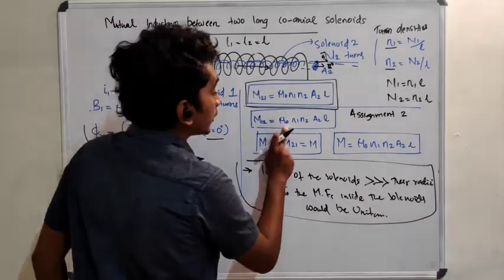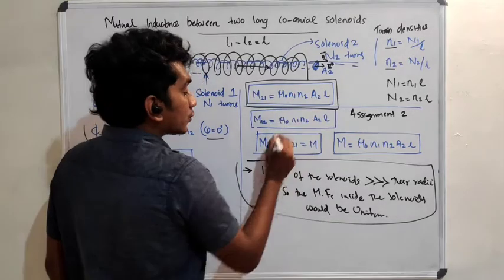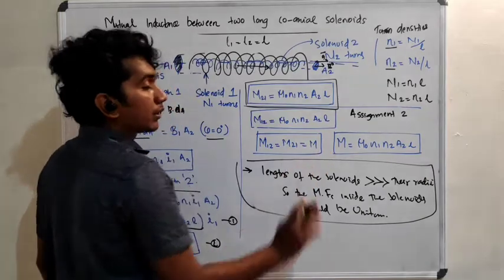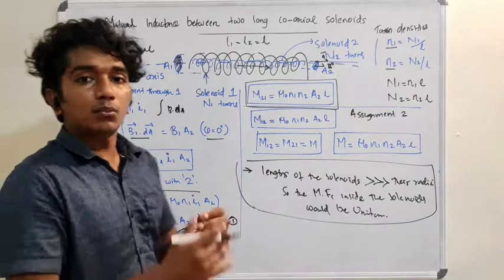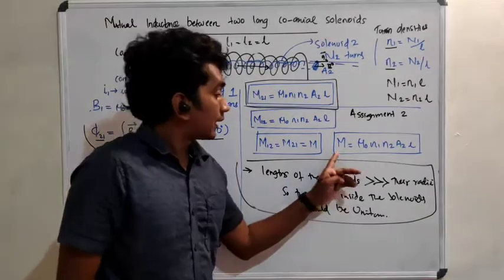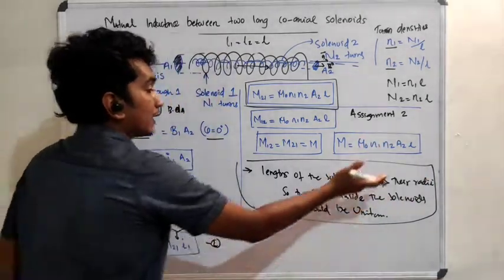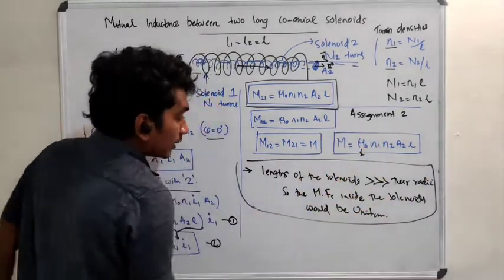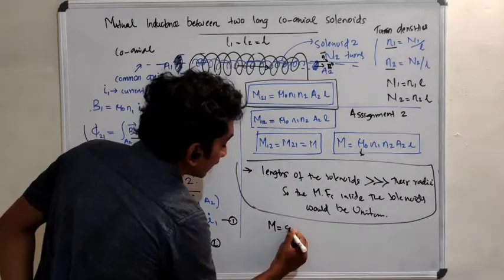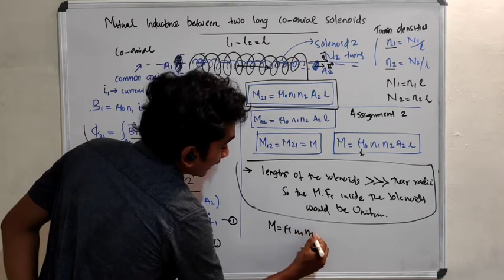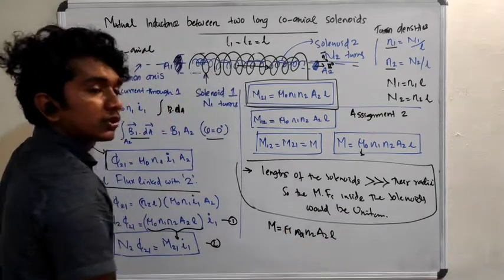So M12 is equal to mu 0 n1 n2 A2 L, and both are the same. So M12 is equal to M21, which we commonly call M, the mutual inductance of one coil with respect to another. So M is equal to mu 0 n1 n2 A2 L. Mu 0 is the permeability of free space, a common value, so instead of mu 0 you can write mu.